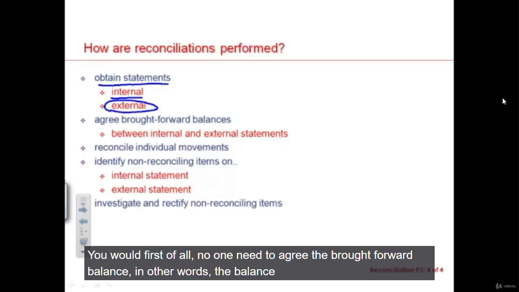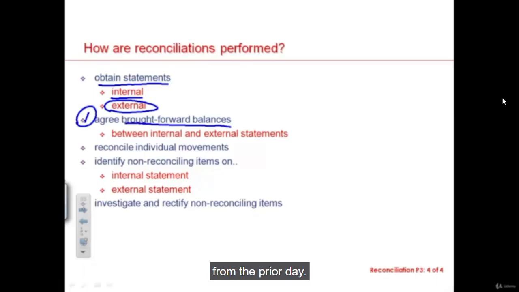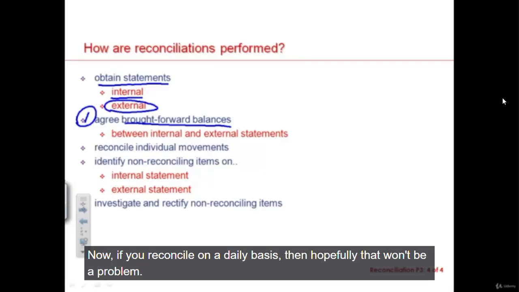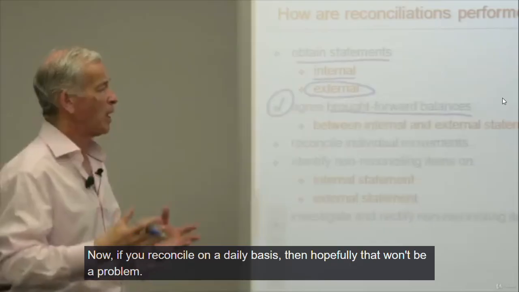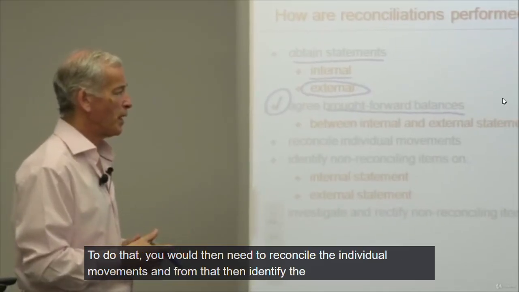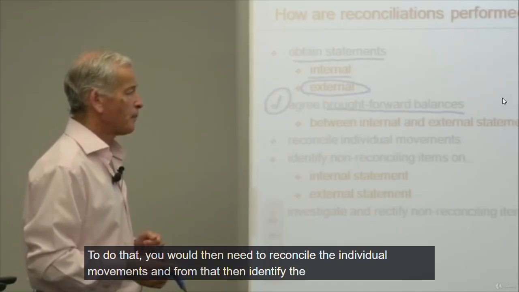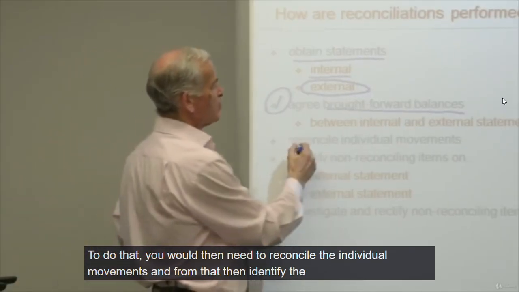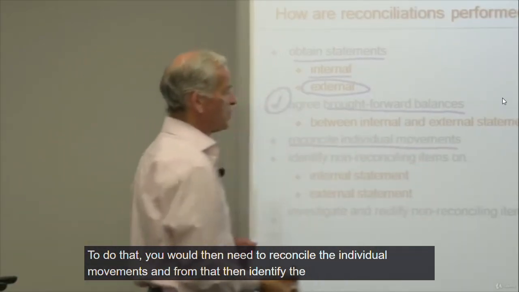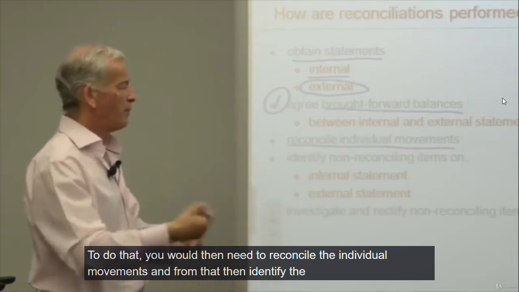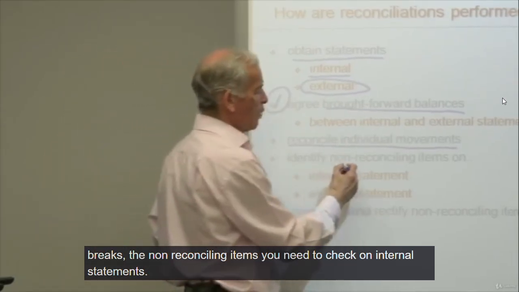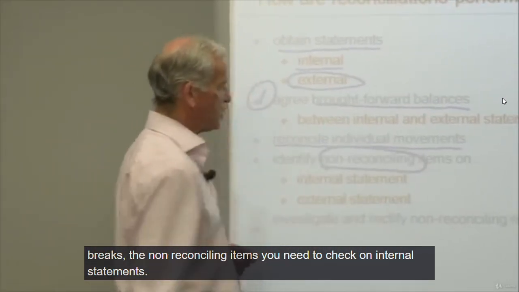You would first of all, number one, need to agree the brought forward balance, in other words, the balance from the prior day. Now, if you reconcile on a daily basis, then hopefully that won't be a problem to do. You would then need to reconcile the individual movements, and from that then identify the breaks, the non-reconciling items.